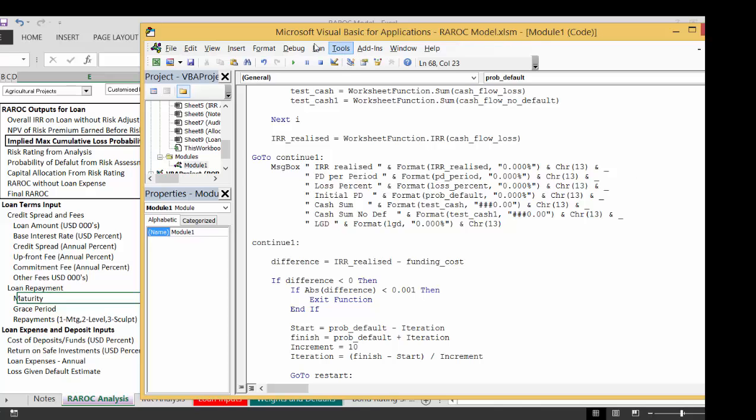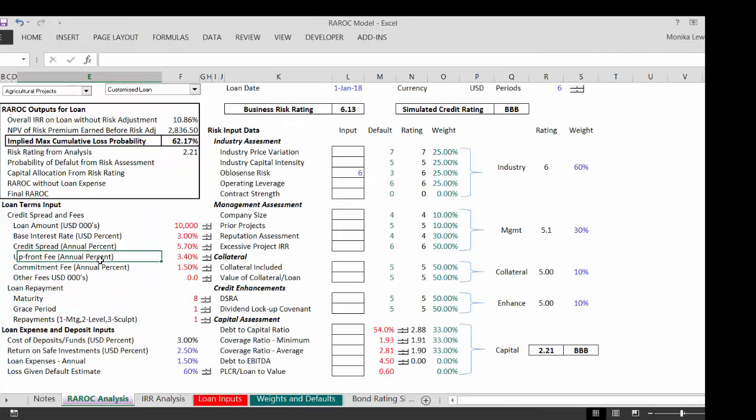Let's see if this helps. Okay, that made a pretty dramatic difference, obviously.